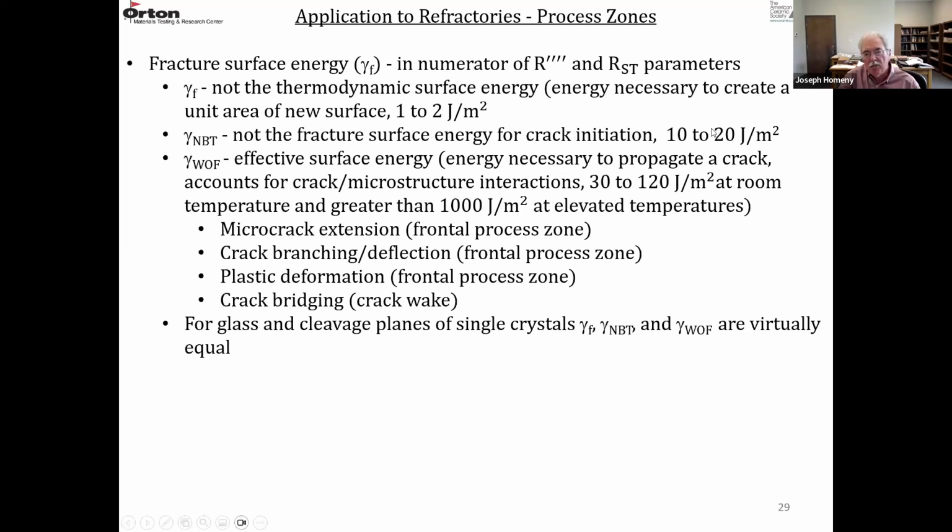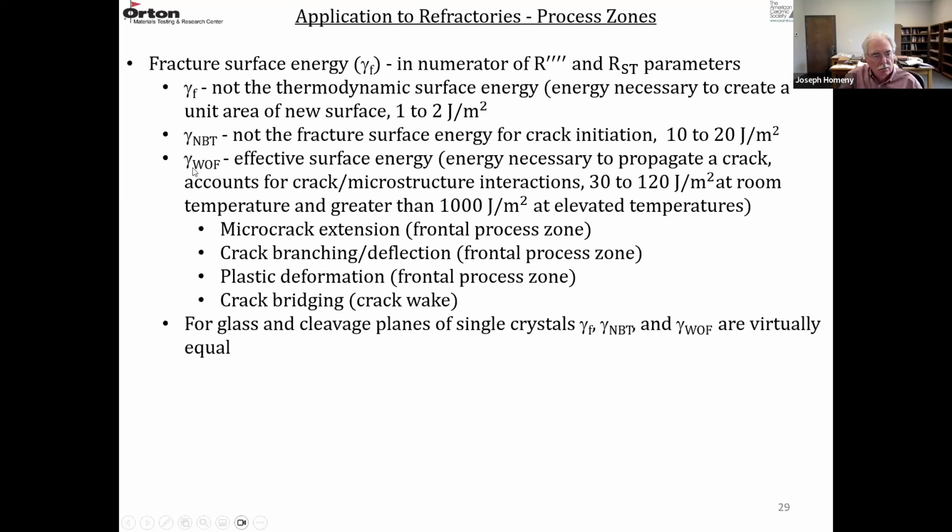So it's a higher number than either the thermodynamic surface energy or the energy to initiate a crack. It's usually 30 to 120 joules per meter squared at room temperature. And then at higher temperatures where the material becomes plastic, it can be 1,000 joules per meter squared.